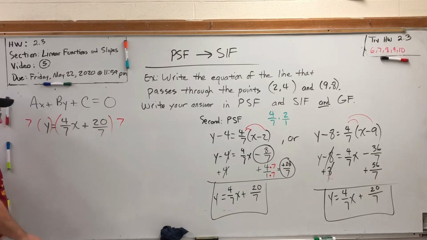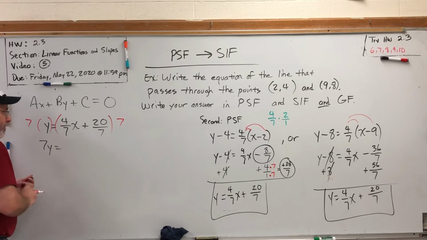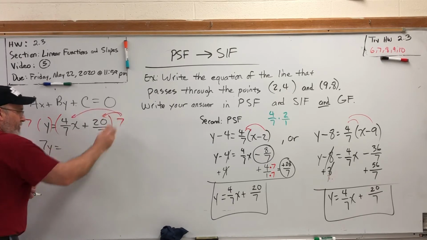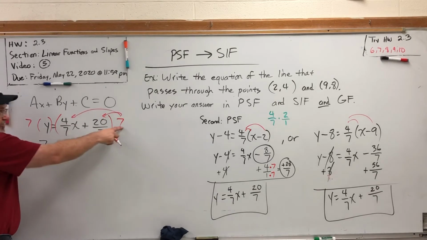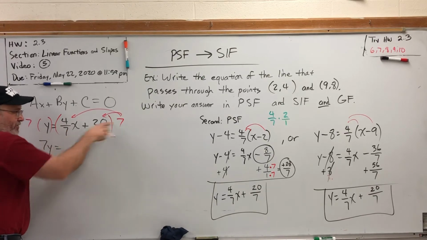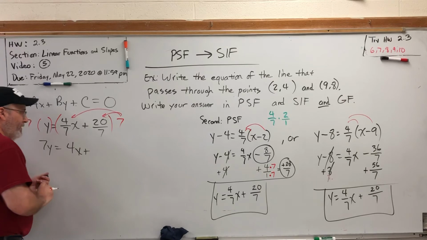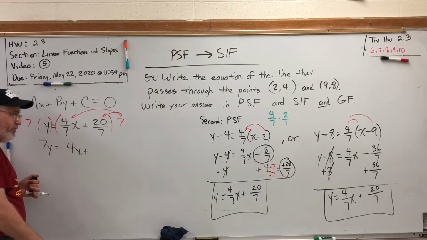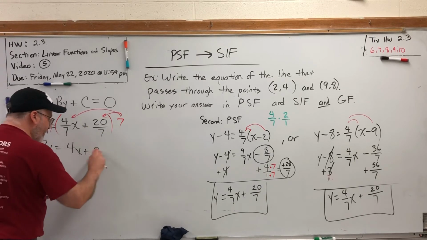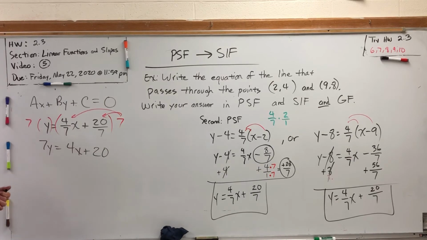On the left side, we get 7y. On the right side, we have to distribute the 7, but that's okay. Because when this 7 hits this 4 sevenths, the 7's cancel and leave a 4 on the x. And when the 7 hits the 20 sevenths, the 7's cancel and leave a plus 20. Well, that didn't hurt.